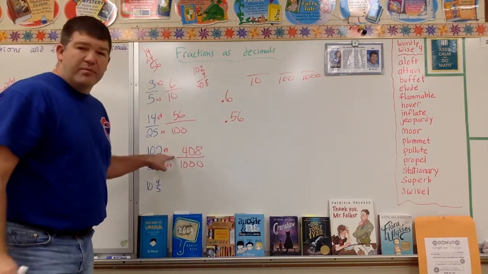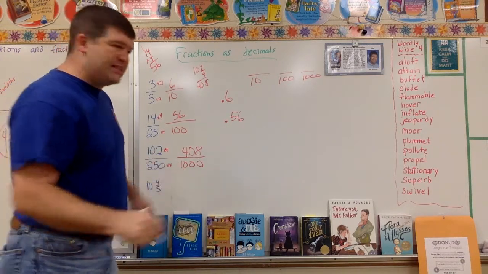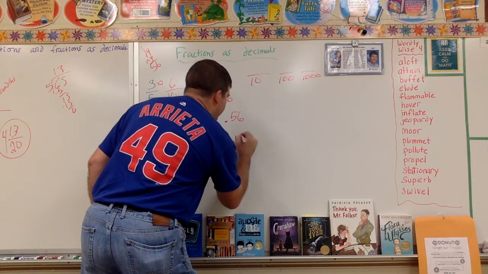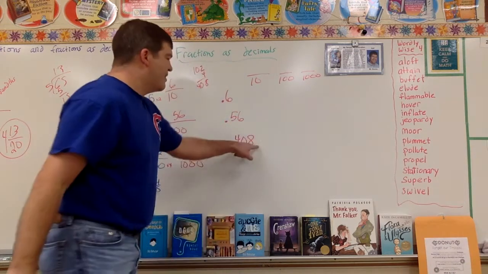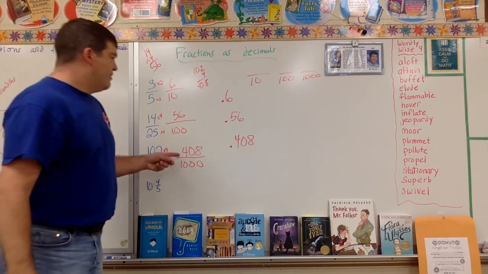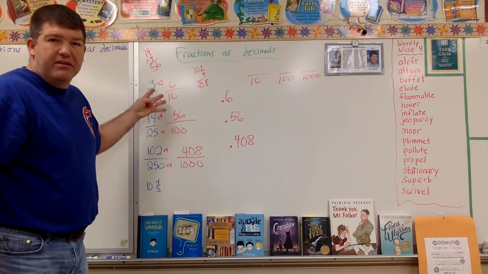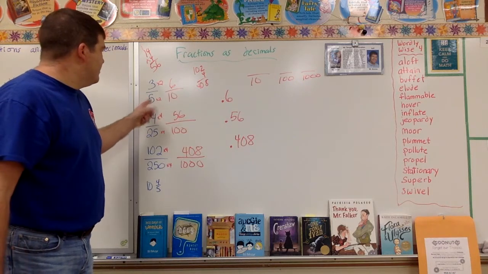So if I say this number aloud, it's 408 thousandths. Okay? Perfect. That's one way that you can get it from a fraction to a decimal.